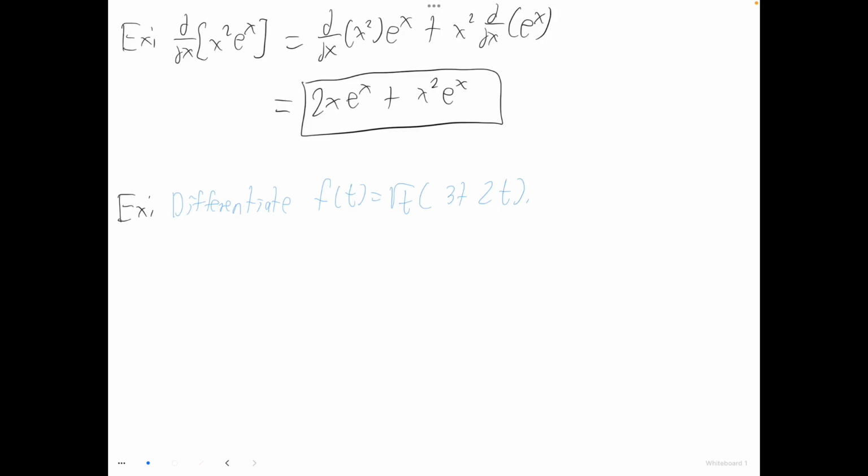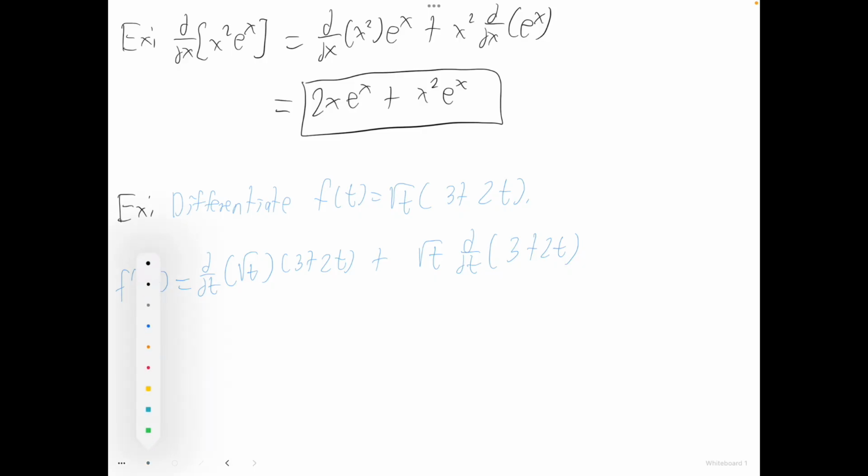We're going to use the product rule since we want to practice with it. And so we have f prime of t. It's going to be the derivative of the first function, so the derivative of the square root of t times the second function, plus the first function, which is the square root of t, times the derivative of the second function, which is 3 plus 2t.